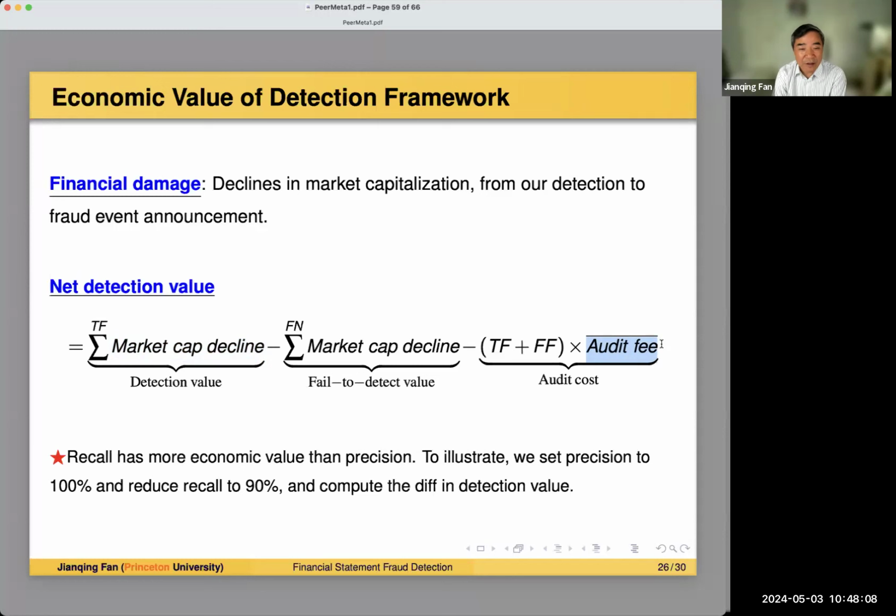We use that number and then just do a simple calculation of how many firms being audited are the true positives that we have to audit, and then the false frauds that we audit. So the audit fee is taken from the publication that we collected and used as an estimate.